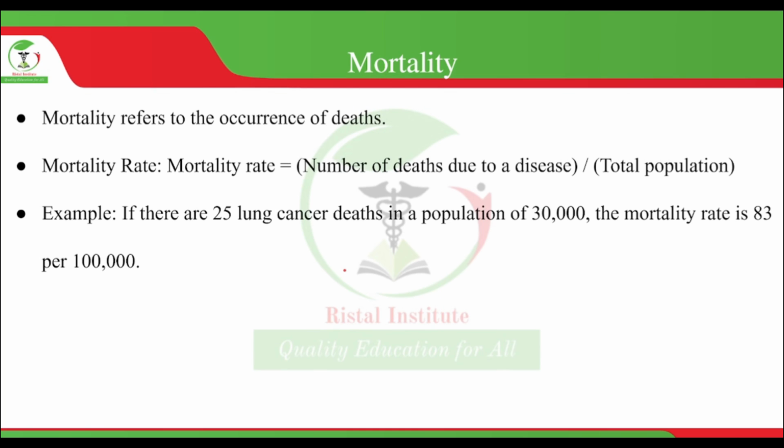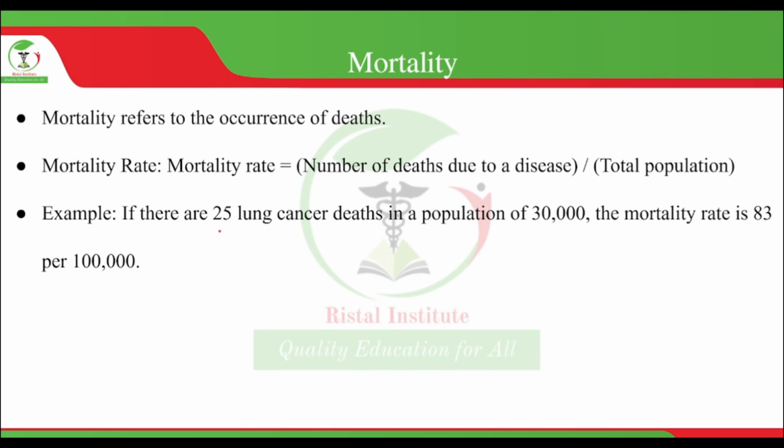And then the other area that we look at when measuring health is mortality, which is basically about deaths. The occurrence of deaths is what we term as mortality. So for the mortality rate, we look at the number of people that have died of a particular condition divided by the total number of people in that community or the total population.